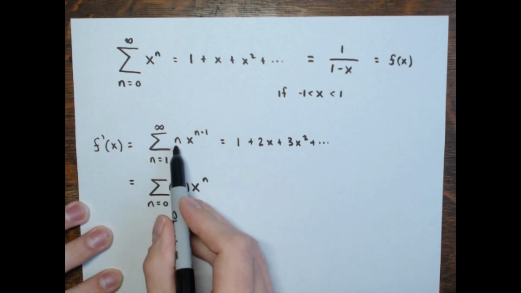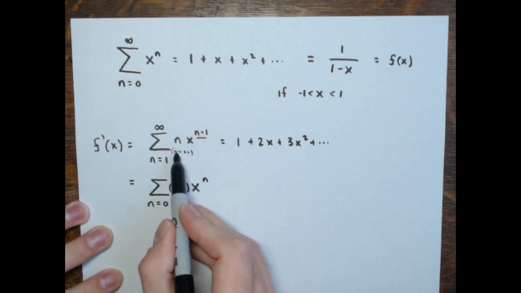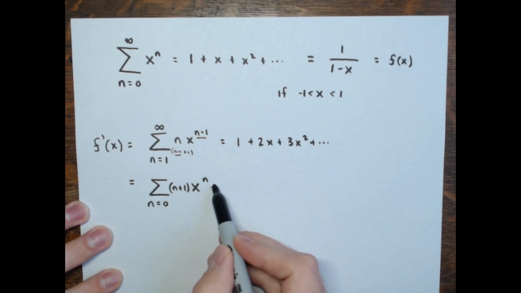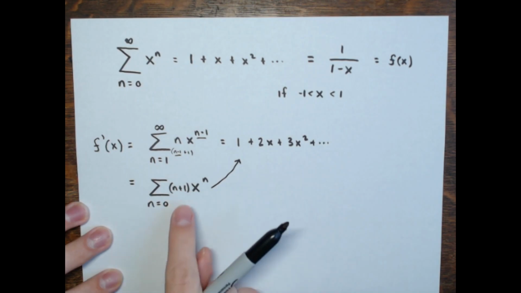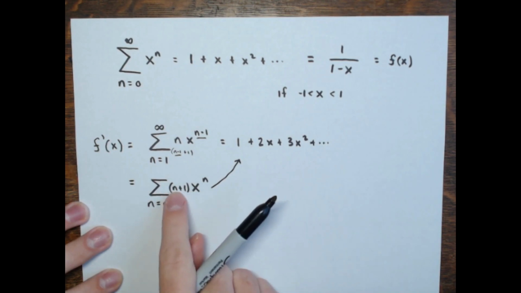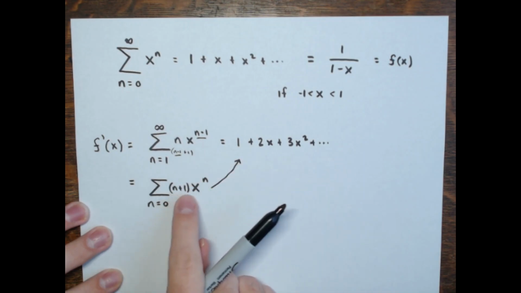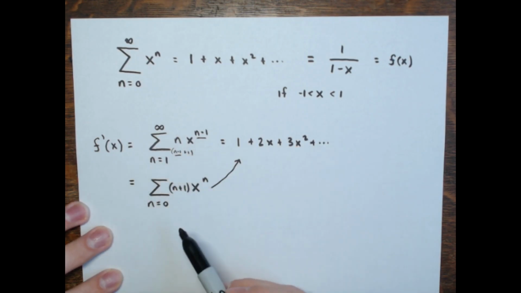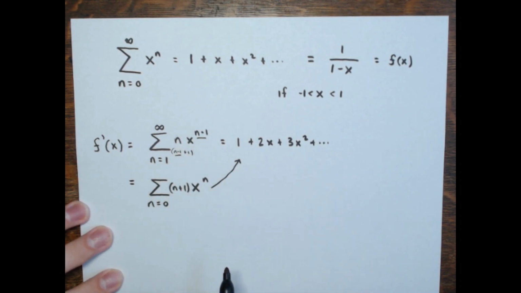The original is like having n minus 1 plus 1, and I'm replacing these n minus 1s with a new n that starts at 0. And you can see that this would give me the same series, right? When n equals 0, I'd have 1 times x to the 0, so 1. When n equals 1, I'd have 2x to the first. Then when n equals 2, I'd have 3x squared, right? So you can change indices, change the starting values, as long as you're changing all the corresponding parts of the expression.